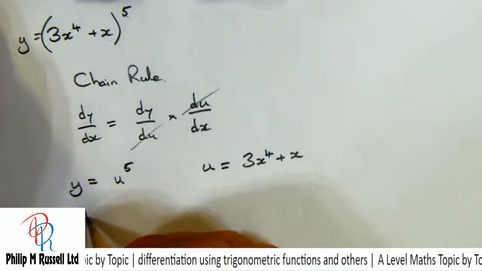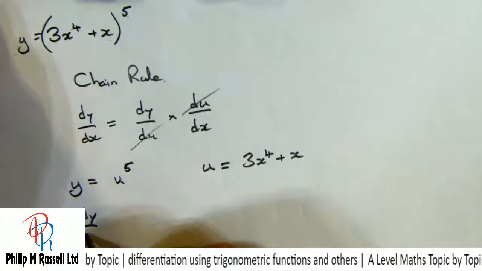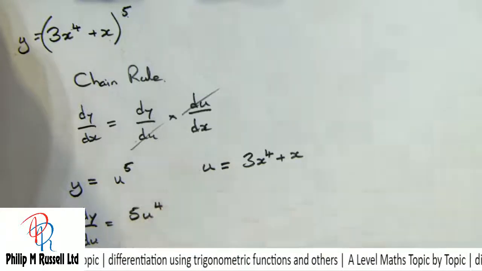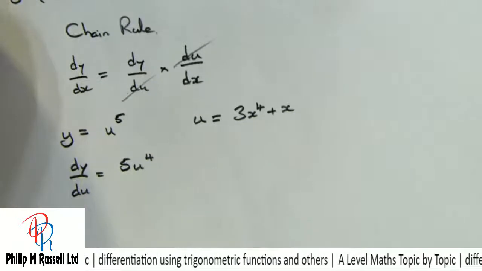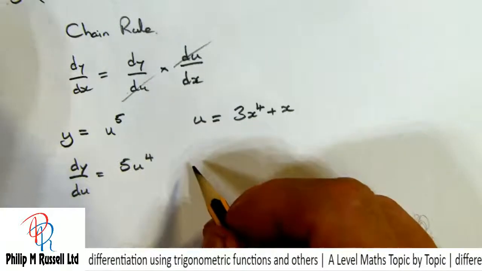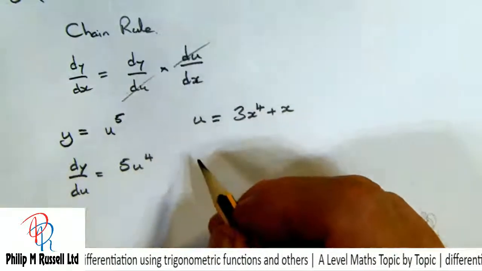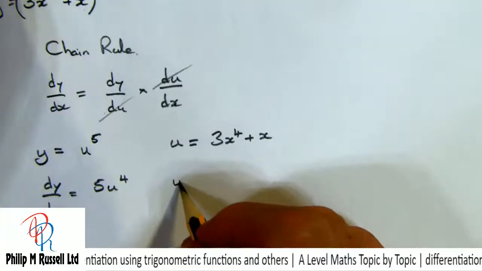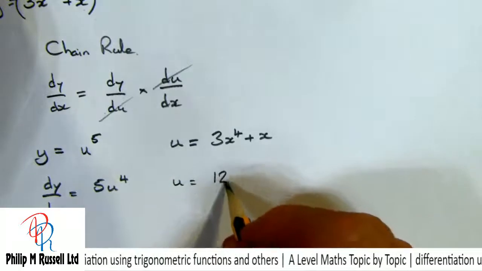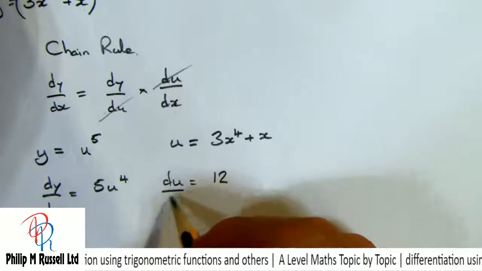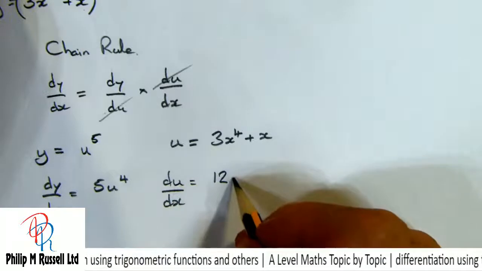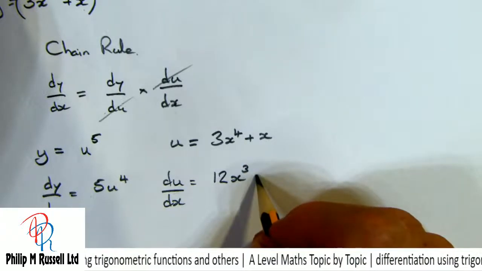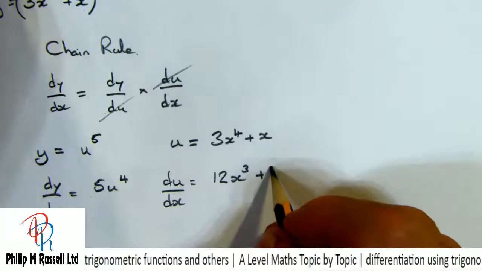So this is going to be dy by du, and that's going to be 5u to the 4. And the other one, u is going to be equal to 3x to the 4 plus x, so this is going to be du by dx, 12x cubed, and that little x is just going to give us plus 1.